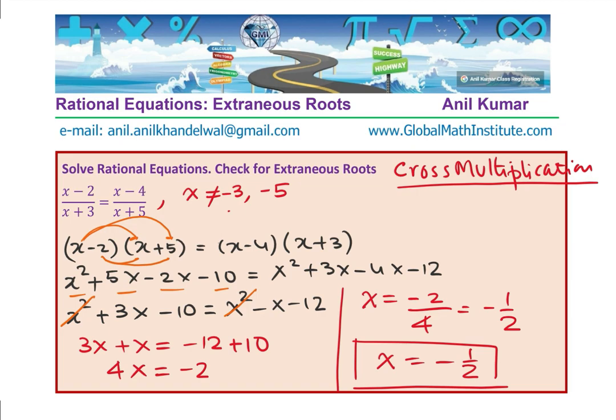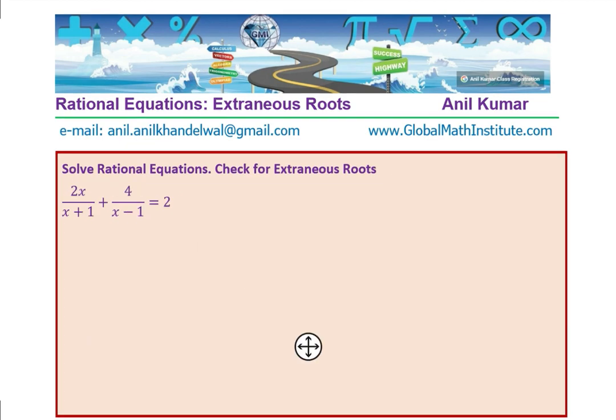Now this is not one of the restrictions, and therefore here also we do have a solution, which is x equals minus half. With these two examples, we got the strategies of cross multiplication, right? Now with the next example, where we have three terms, what are we going to do? Well, let me write down that x is not equal to plus minus 1, as that is a restriction.